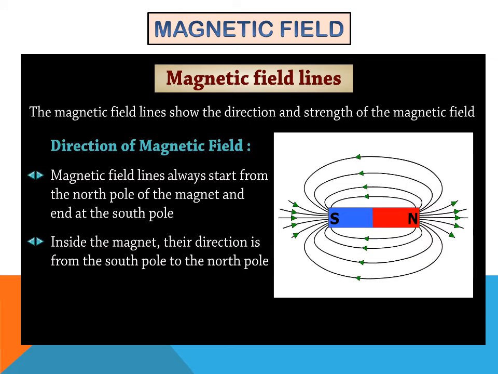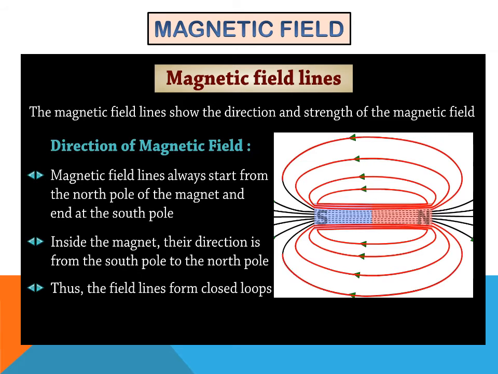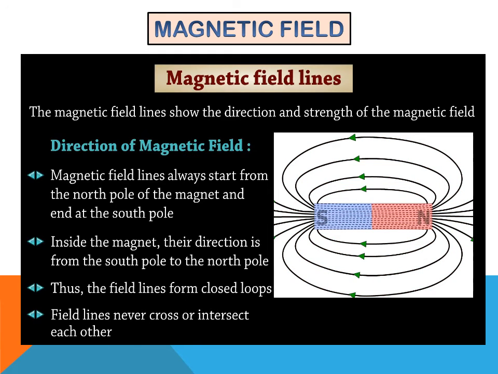Inside the magnet, their direction is from the south pole to the north pole. Thus, the field lines form closed loops. Field lines never cross or intersect each other.